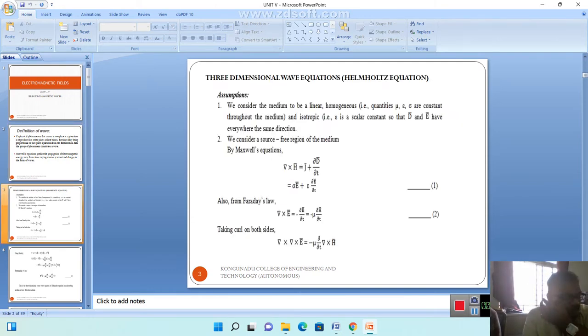Next, our first topic is the three-dimensional wave equation, or otherwise this question is asking for another form, the Helmholtz equation. First we are going to discuss the assumptions.